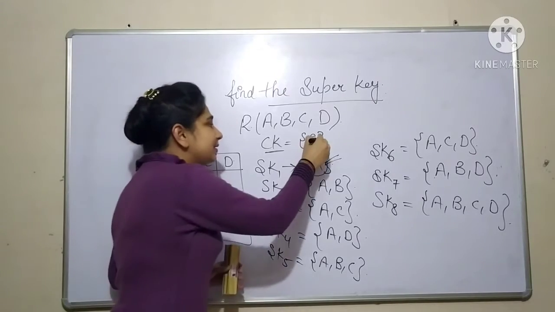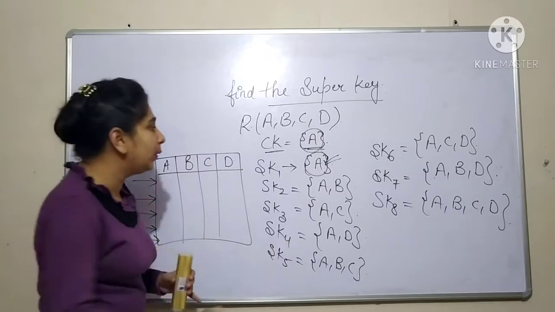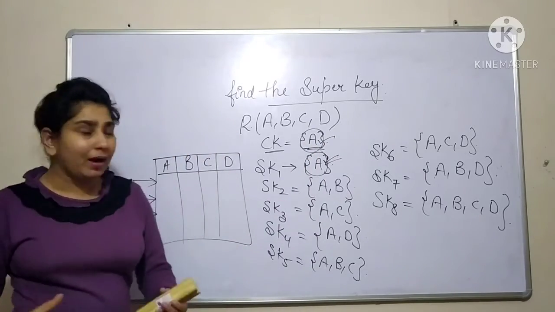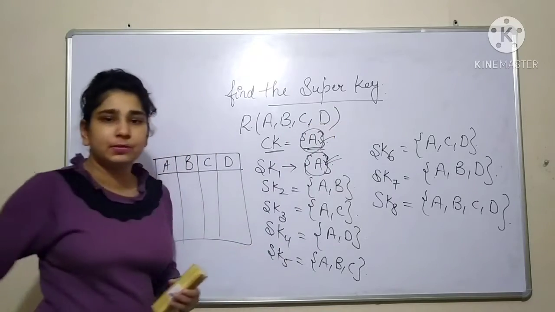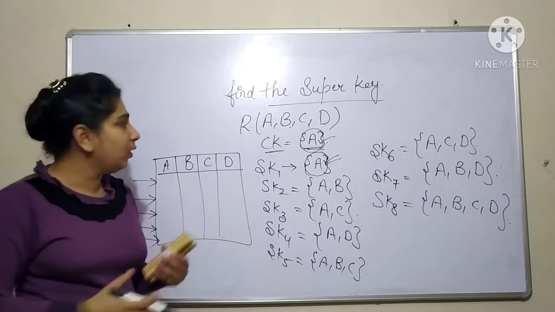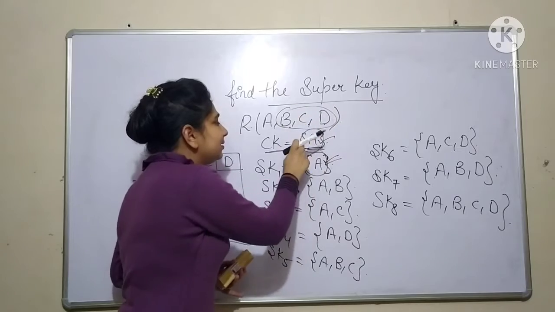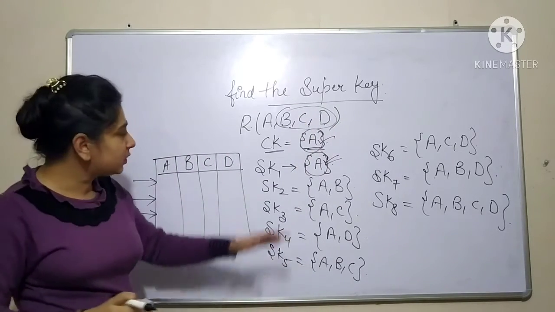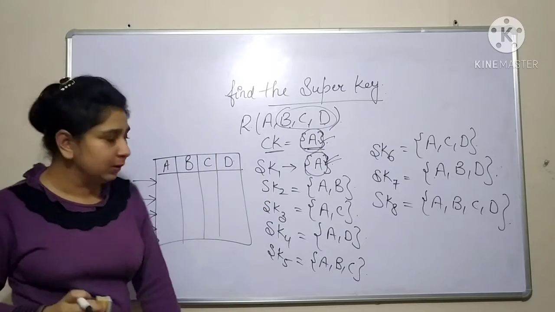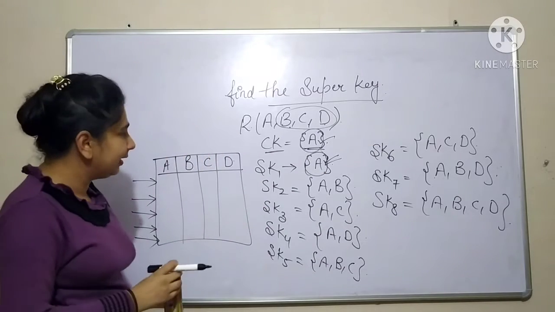This is your one candidate key having only one attribute, and you are adding extra attributes with this minimal key. We are just trying to find out all the possibilities we can get.